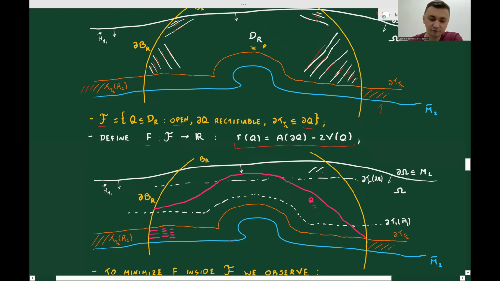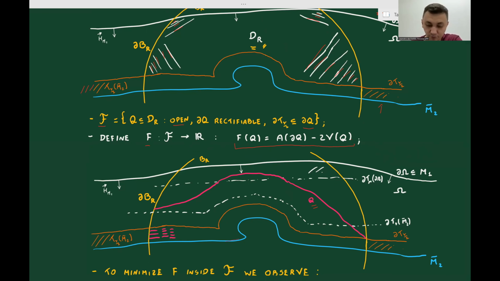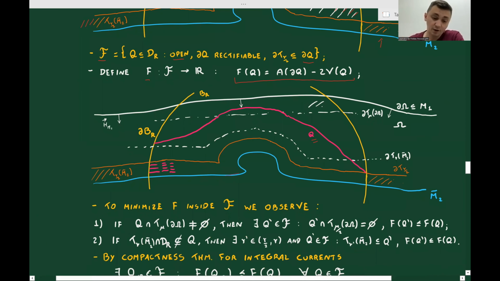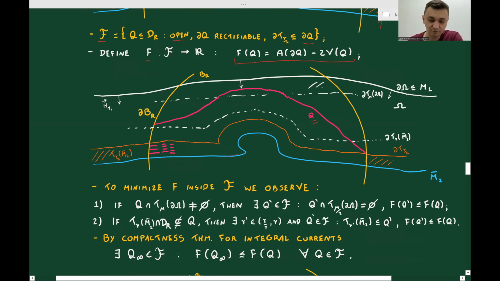So the functional is defined on the subset Q: F of Q is the area of the boundary of Q minus 2 times the volume of the subset Q. Okay, so my idea now is to minimize this functional. And how to do that? Actually, we just apply a very strong result to find a minimum for this functional. But before, we just analyze some possibilities.